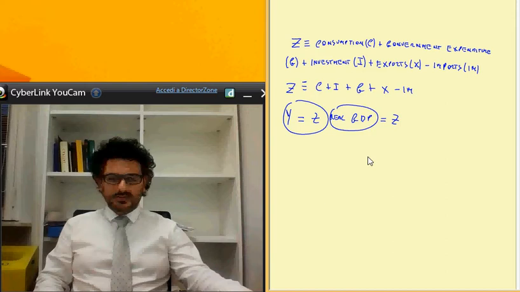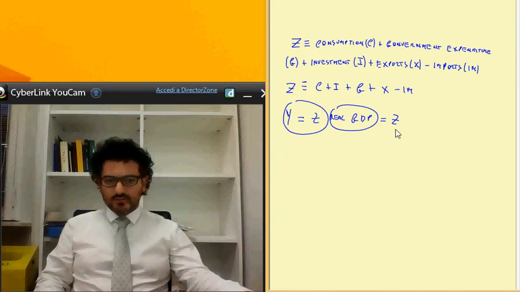In order to better understand this equilibrium condition, Y equals Z, or real GDP equal to aggregate demand, we can show an example.